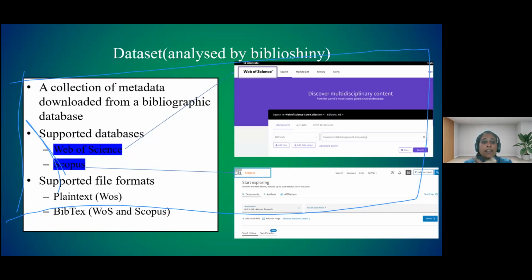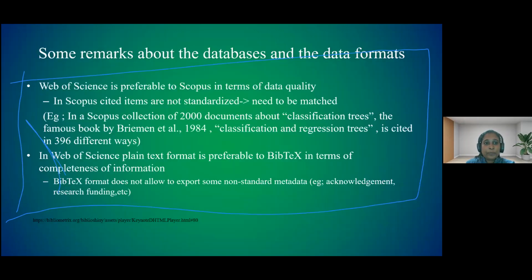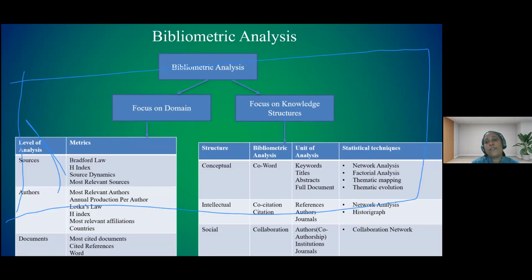Then you can see the databases we can search like this. We will discuss now the Web of Science or Scopus, right? Then we can use the plain text format or BibTeX format. I will explain that later. After this I will directly go to the hands-on experience.